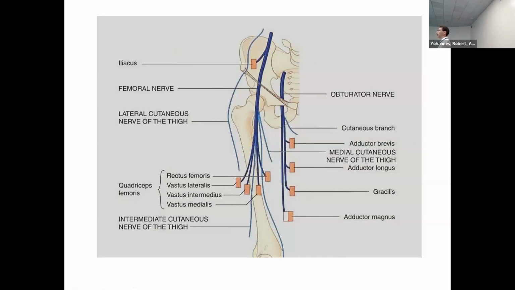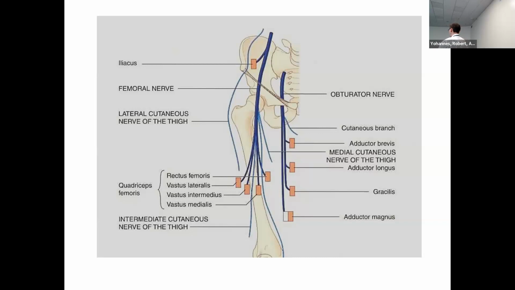So again, 2, 3, 4. And as you remember, it has four branches to the quadriceps muscles, which are listed here. And basically here we have a movement that is not the hip, it's actually the knee, and it's knee extension. Now, this is another important concept that we talked about in the first talk, that non-neurologists group things together based on location.